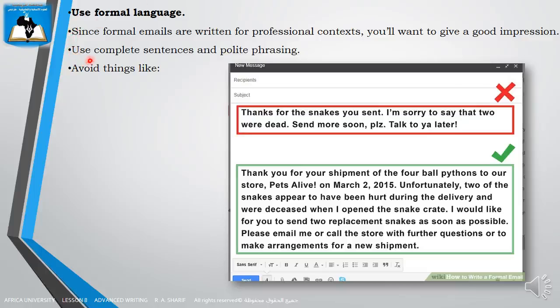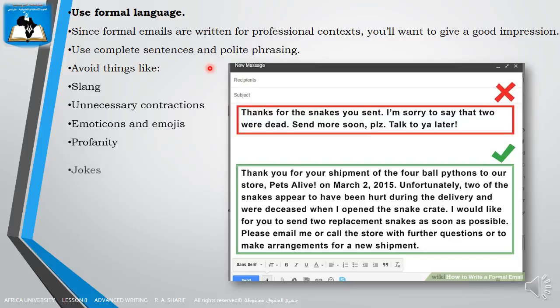Use formal language. Formal language means official language, okay? Since formal emails are written for professional contexts, you will want to give a good impression. Use complete sentences and polite phrasing. Avoid things like slang or street language, unnecessary contractions, emotions and emojis, profanity, jokes.